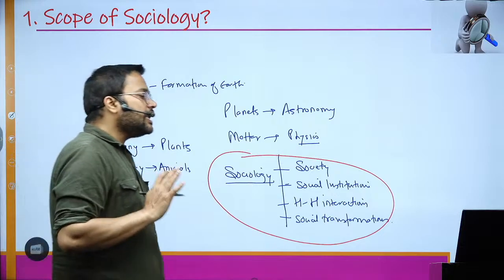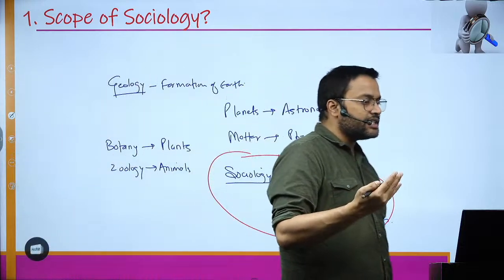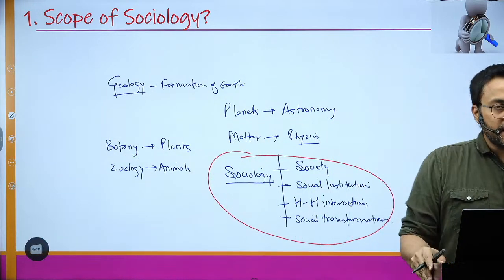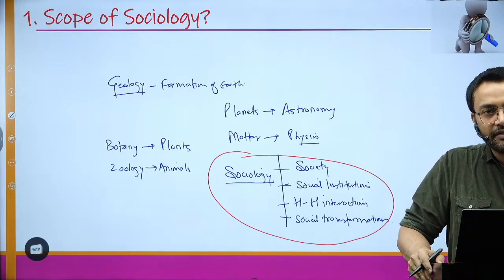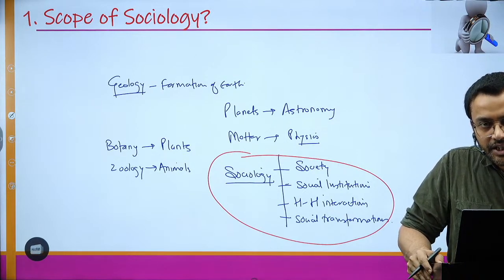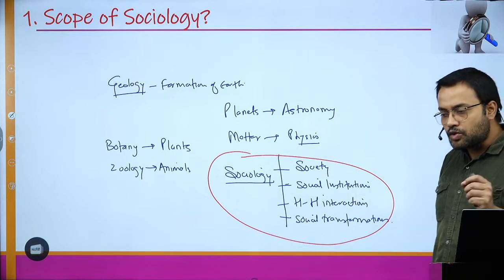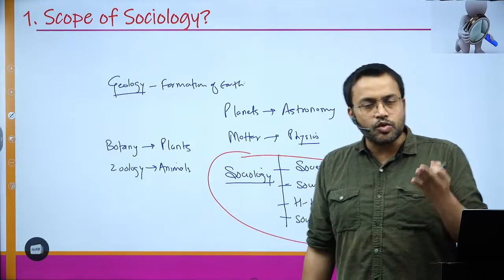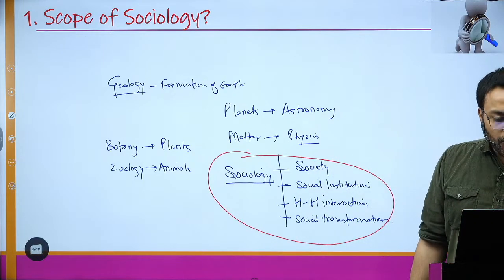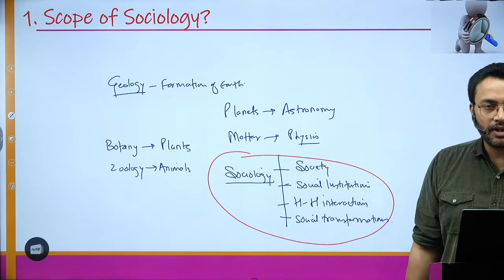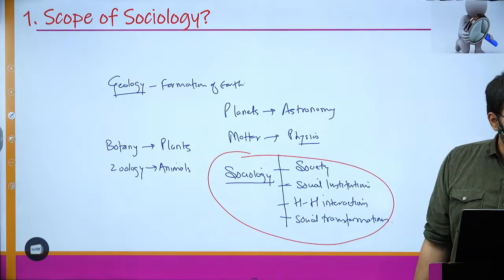Now, in the earlier lecture, I told you that sociology as a distinct discipline emerged as a response to various things that were happening in Europe during the 18th and 19th century primarily. Sociology emerged to solve the problems that arose in Europe, especially modernity.